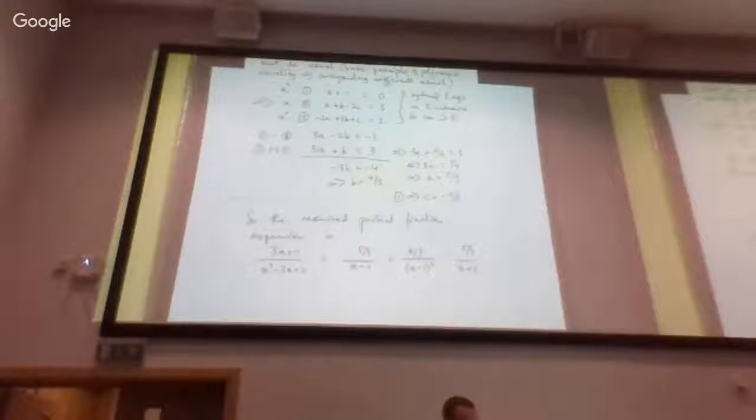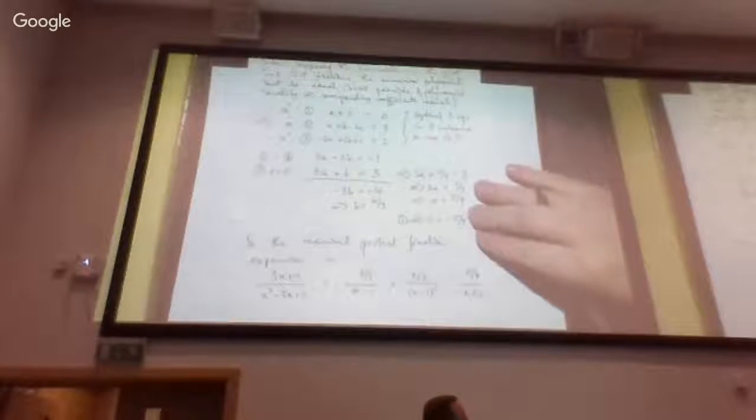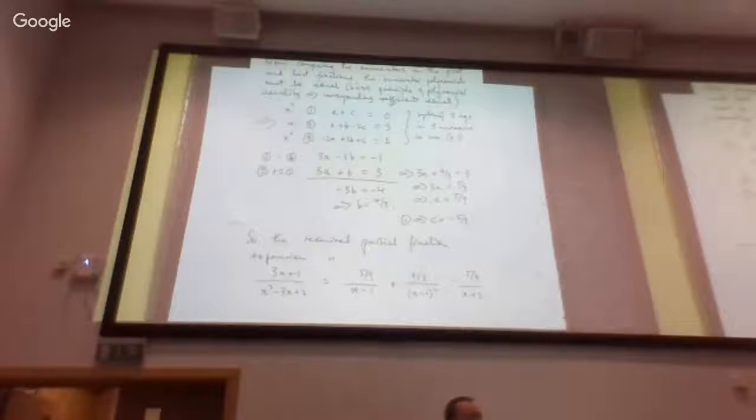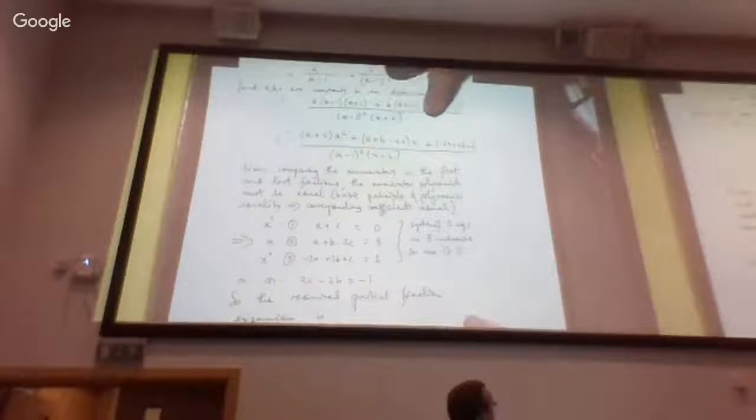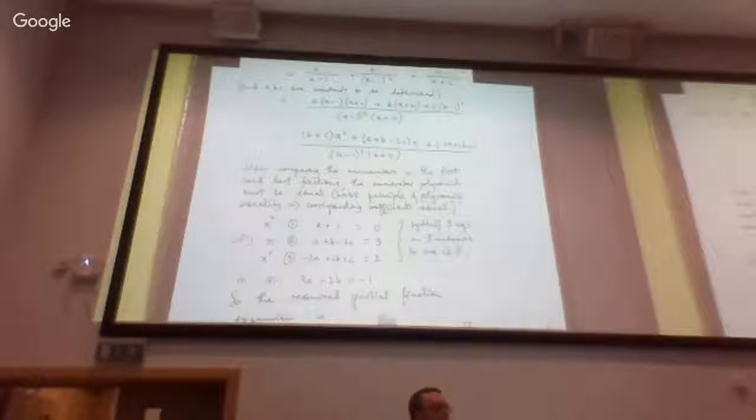So, any questions or queries about that process? Now, that point you raised in the middle is fine. There is also the cover-up rule that you can do, where you spot substitutions you can do at this stage, which will knock out all but one of these terms up here and get you some values there.